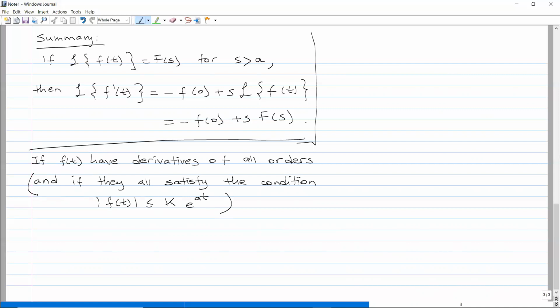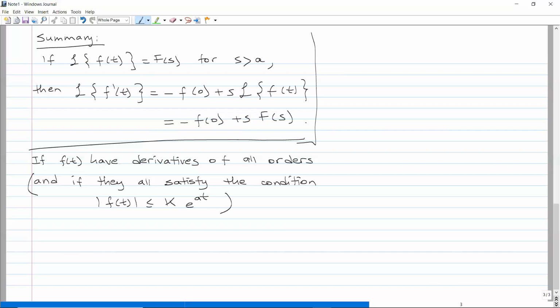This condition is a little formal detail we need to put in to make sure that we can use the formula. But in our case, the solutions of our differential equations always satisfy these properties, at least in our examples. So this is going to be automatic for us.